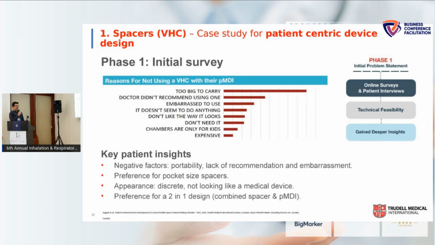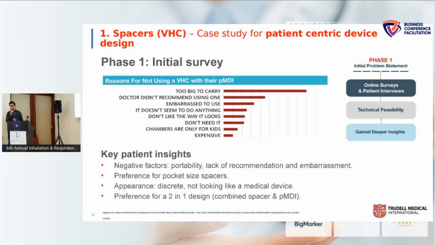And the main insights, in terms of negative factors, like I mentioned, were that portability is very difficult because usually spacers are big devices. They feel embarrassed to use it. They would have a preference for pocket-sized spacers because it would be easier to carry, and they don't really need to show it.